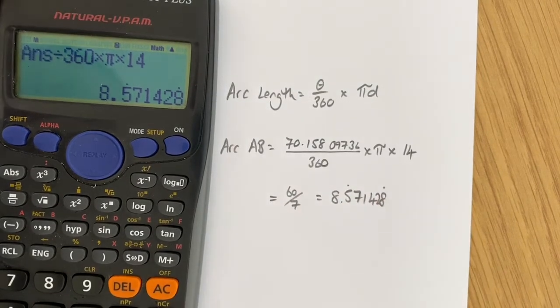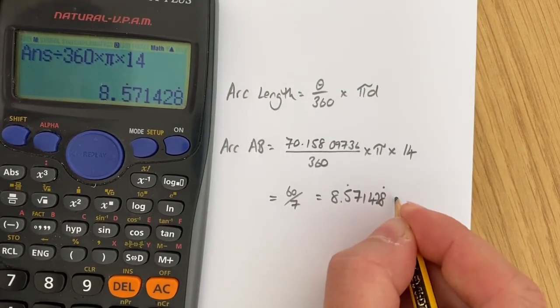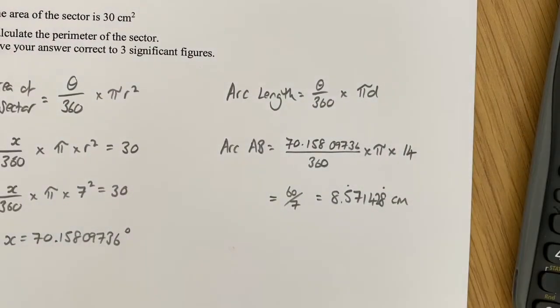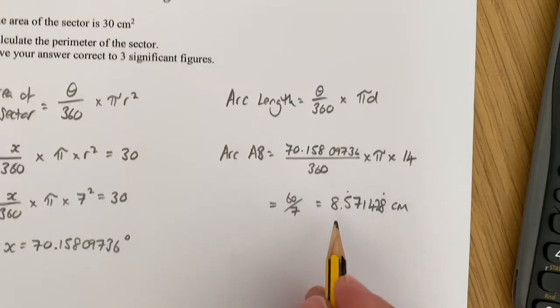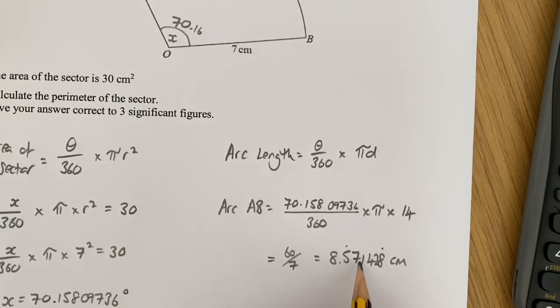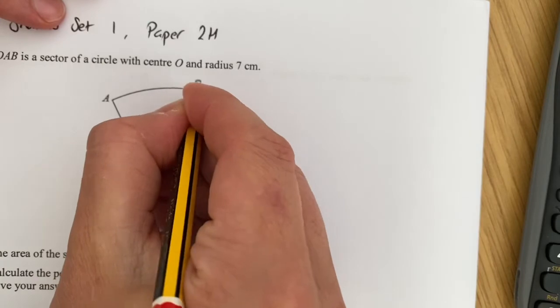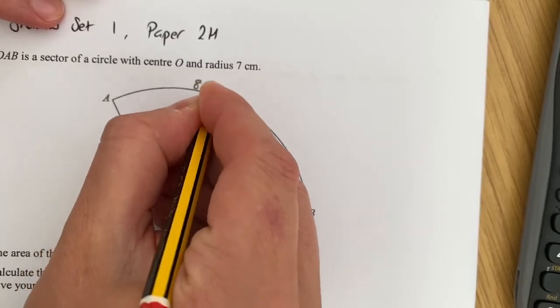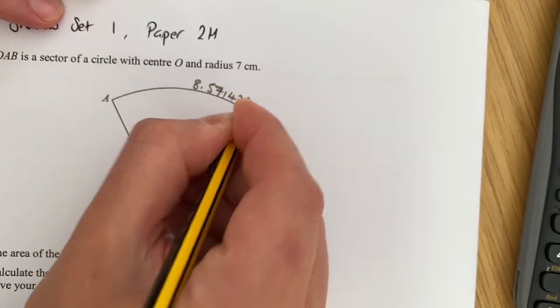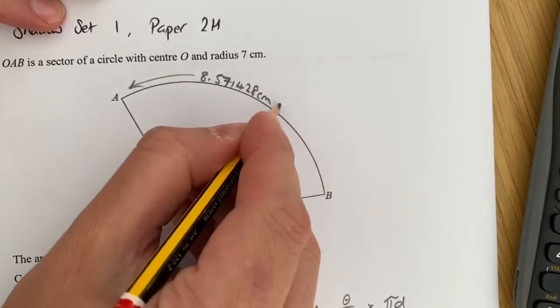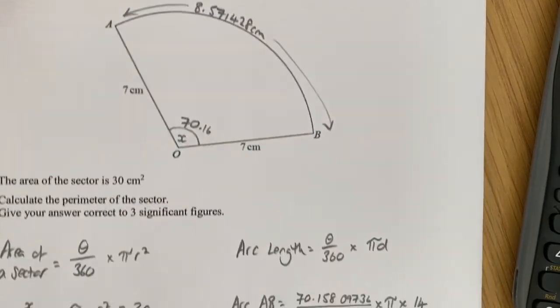Actually, that's recurring, and that would be centimetres. So I now know the arc length is 8.571428 centimetres. That's the distance from A to B.